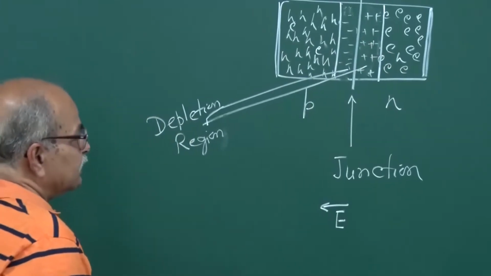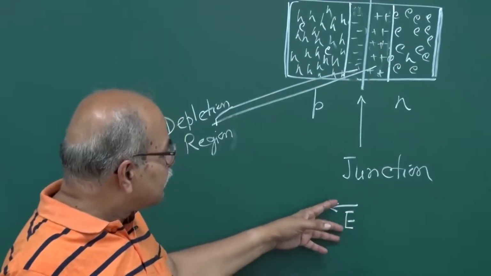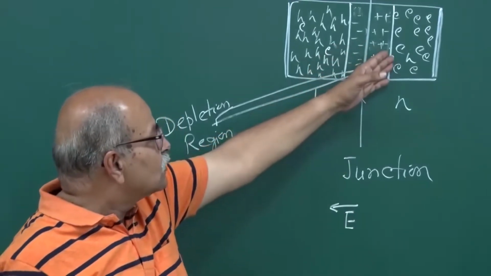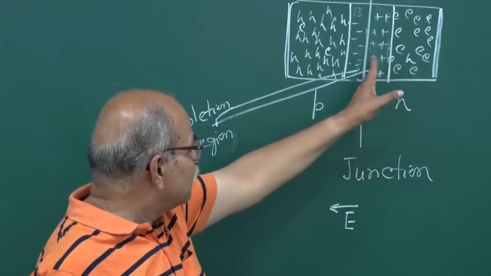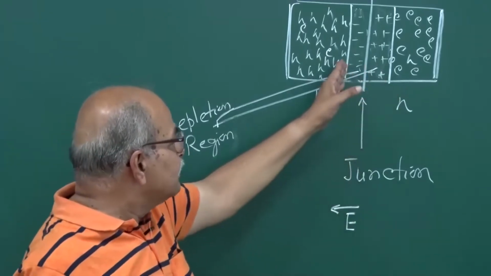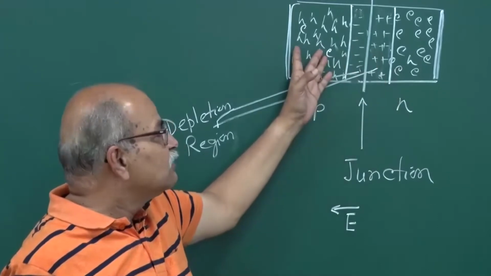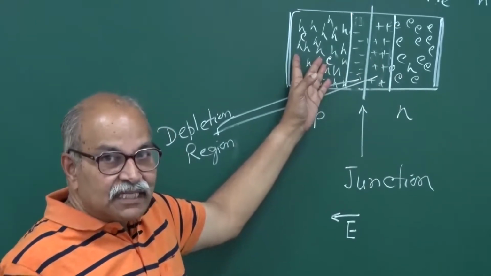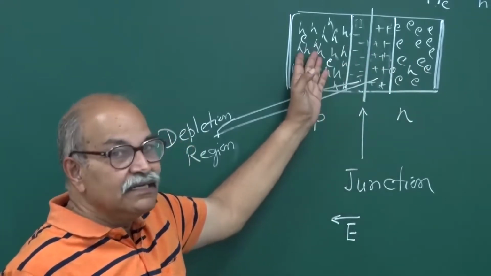Then we said that once you have an electric field, you will have some potential variation also. In this case, the potential is decreasing from right to left. So this will be at a higher potential, this will be at a lower potential. There will be a potential difference between this n side and this p side.